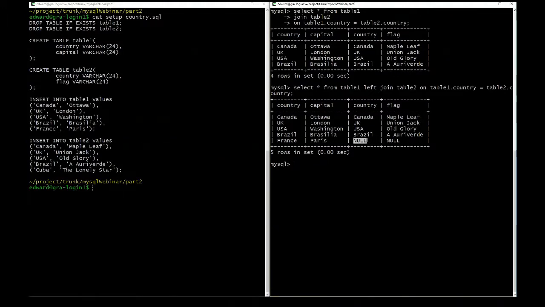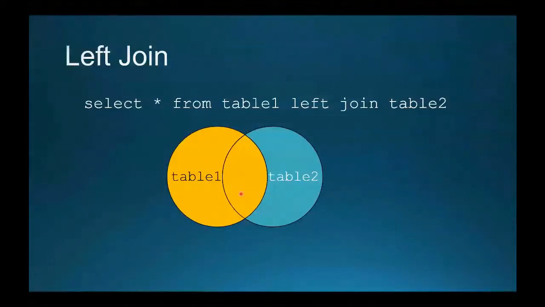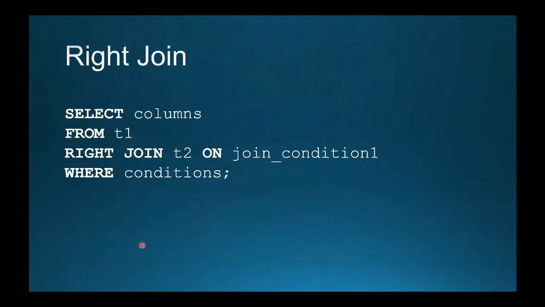Now the last join we're going to look at is actually trivially the same as left join, and it's called right join. And as you may guess, it is going to join from the right hand table as opposed to the left hand table. It is otherwise identical.